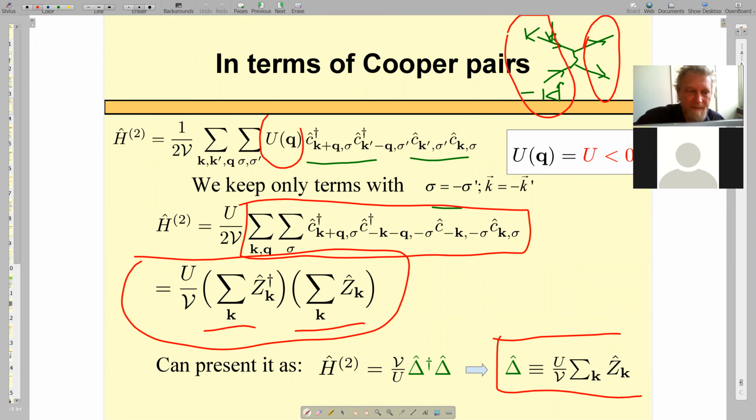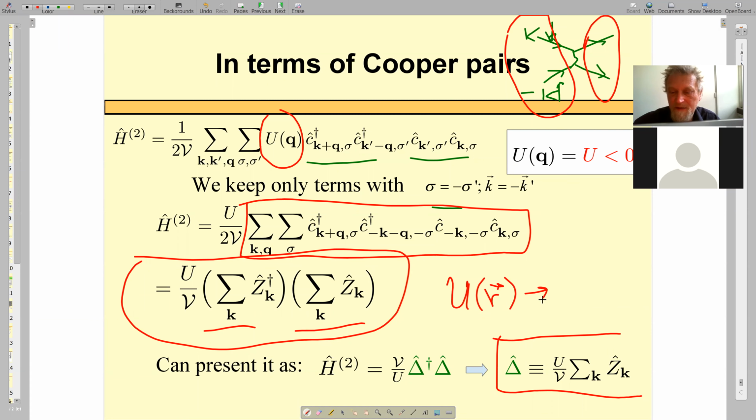This U_q, you mean? As we discussed, it's a Fourier component of the interaction potential, so the pairwise potential between particles, which depends on their mutual distance.